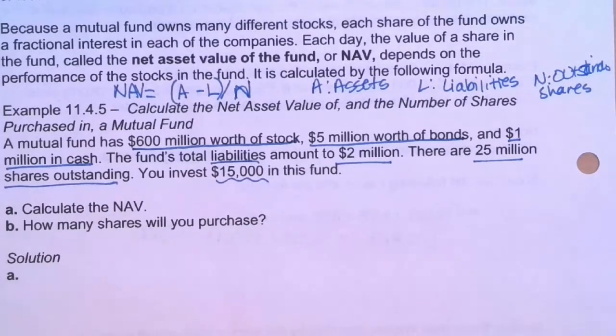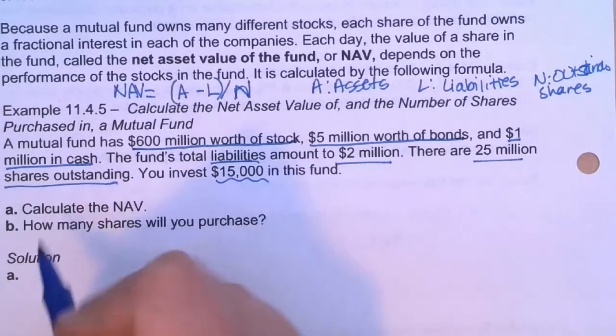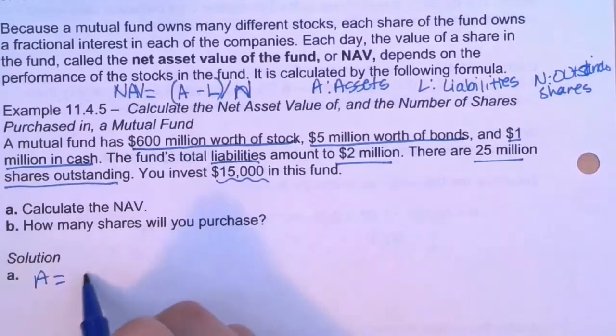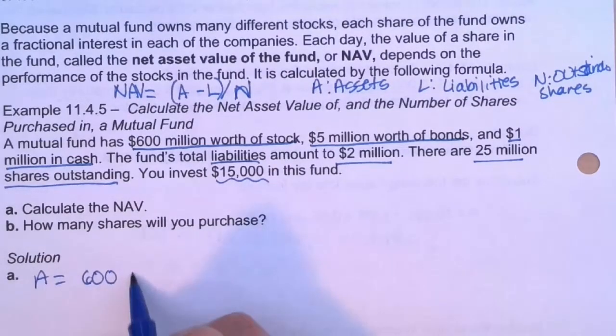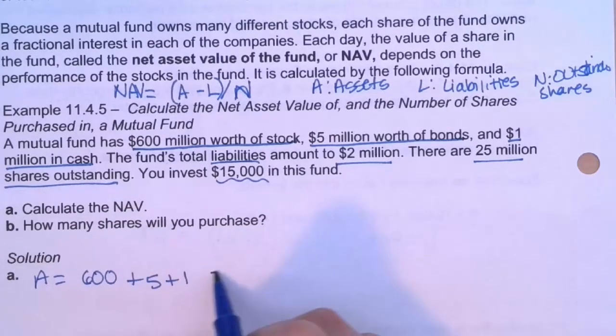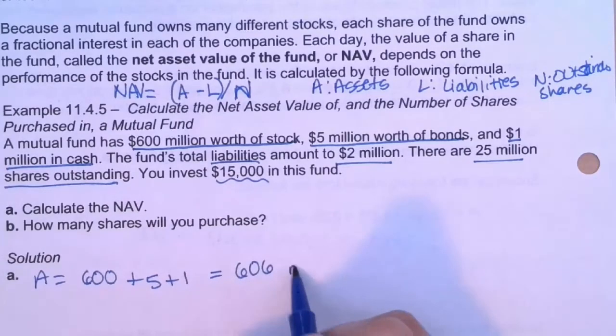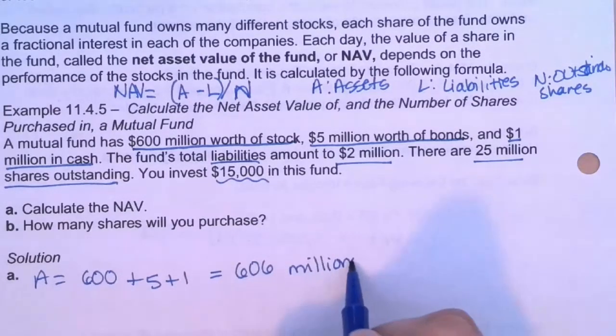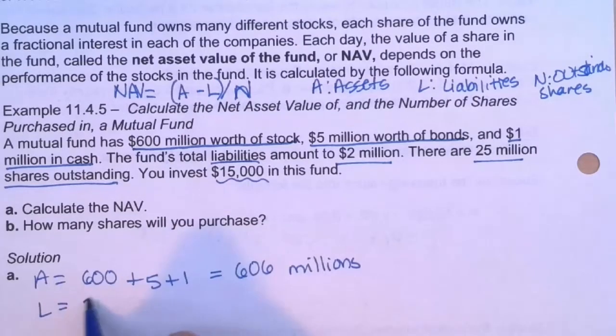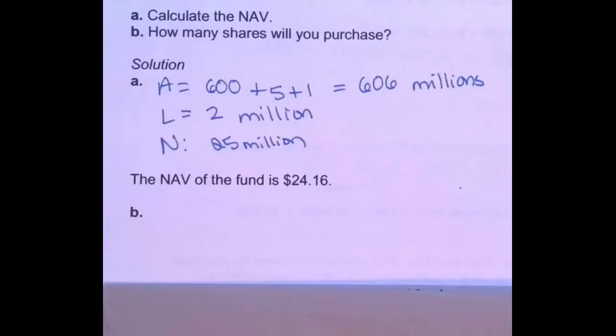So our assets are going to be the sum of the 600 million, the 5 million, and the 1 million. So that would be 606, and again that was in millions. Our liabilities, we were told, are 2 million, and our outstanding shares are 25 million. So notice here all of this is in millions. So because it's all in millions, the units end up canceling.